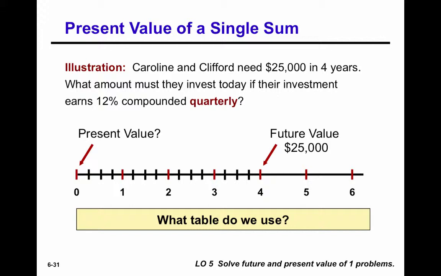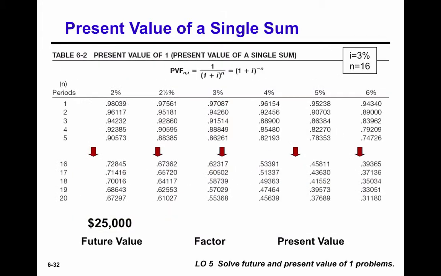And we multiply the number of years by the number of periods per year. 4 times 4 would be 16. So now we're looking in the present value table at the 16-period line and the 3% column. The factor there, 0.62317, and that gives us a present value of 15,579.